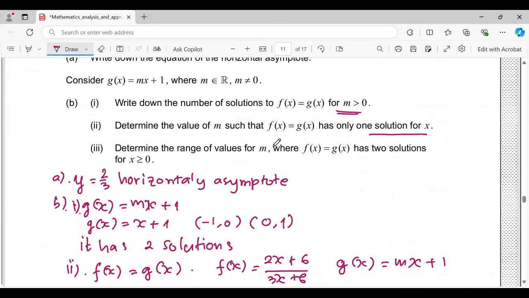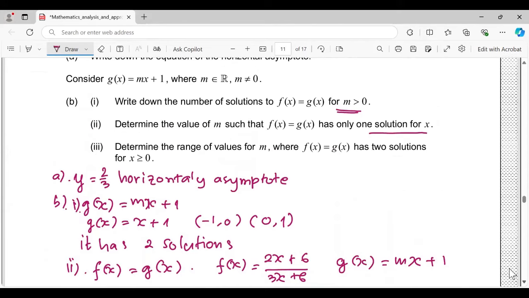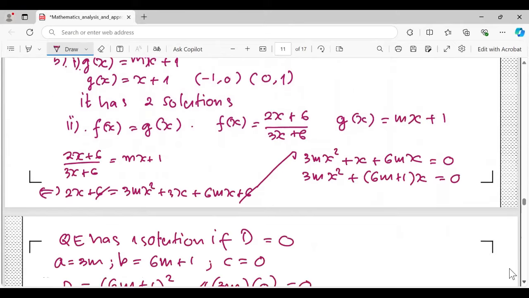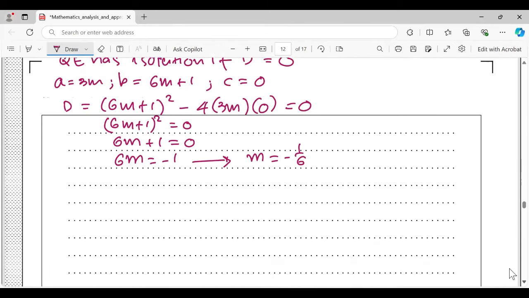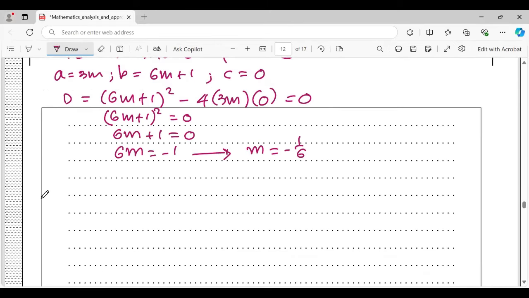Okay, part 3. Determine the range of values for m where f(x) equals g(x) has two solutions for x greater than or equal to 0. If two solutions, it means the discriminant should be greater than 0.